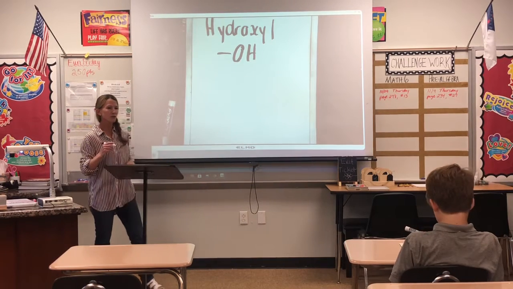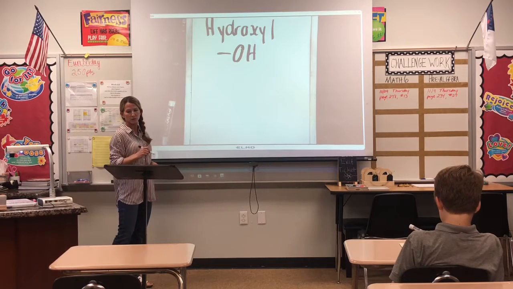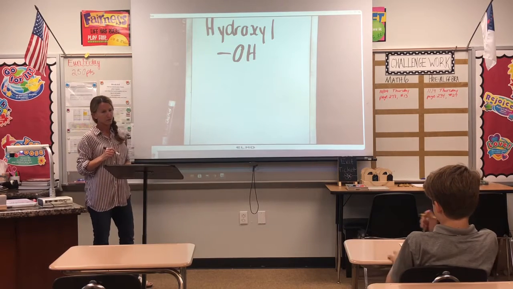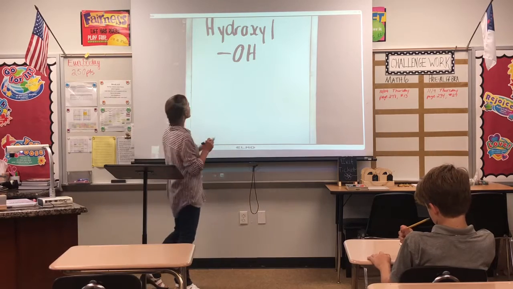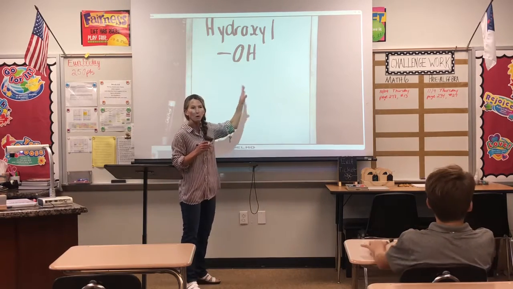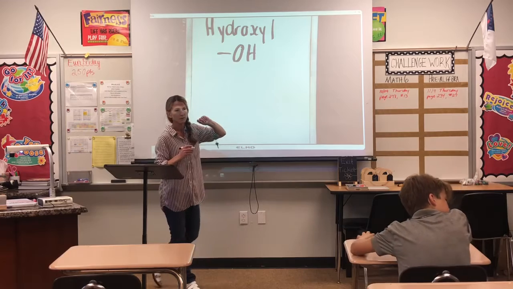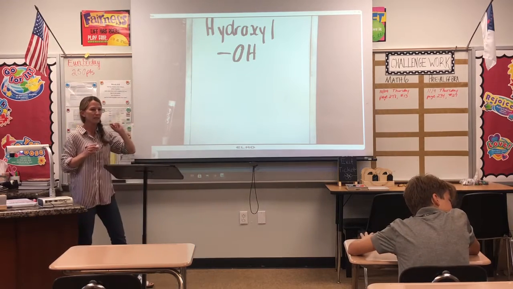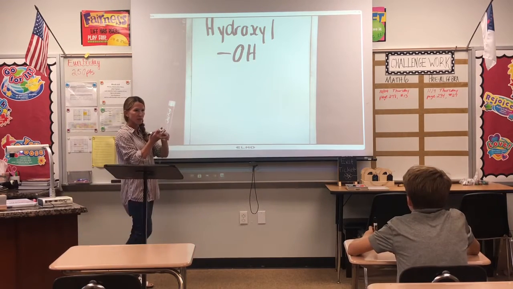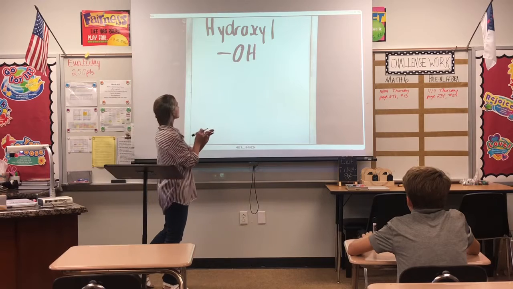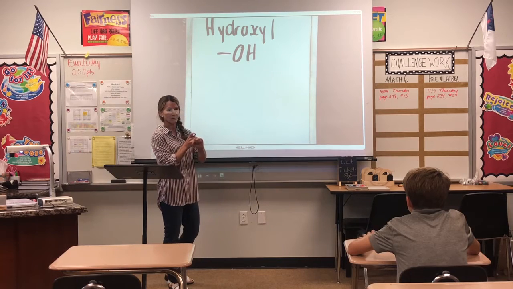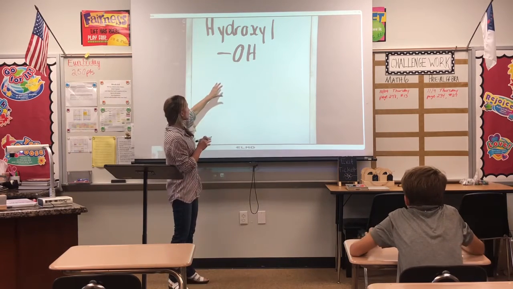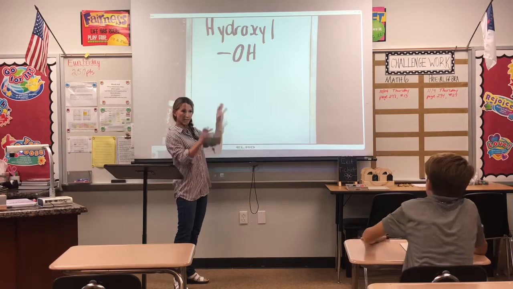Hydroxyl groups are also found in alcohols. So if hydroxyl groups make a molecule polar, what do you think that means for alcohols and other molecules that contain hydroxyl groups? So hydroxyl is like water. It has the same OH.